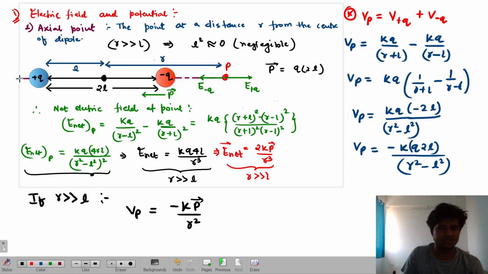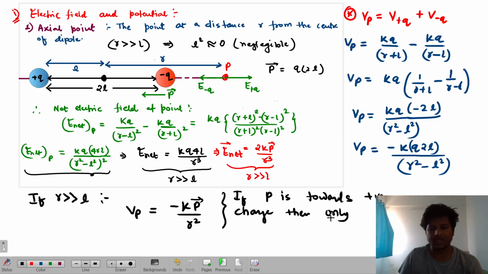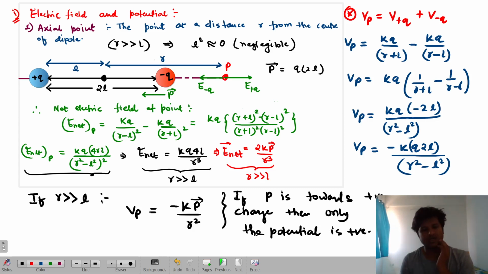Remember, if P is towards the positive charge, then only the potential is positive. Electric field will still be the same, okay? Because electric field is a vector quantity and potential is a scalar quantity, positive and negative values are interchangeable. Are you able to get me?